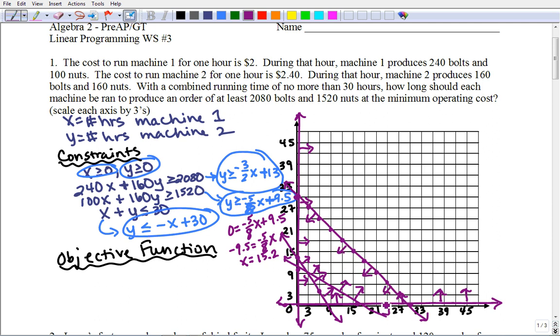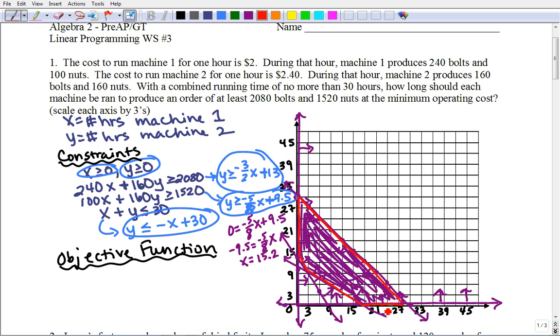Okay, so we need to look at the area where all of the arrows are pointing in the same direction. And then it's all of this going on over here. Let me trace that around in another color so you can see a little bit better. So it goes there, there, here.